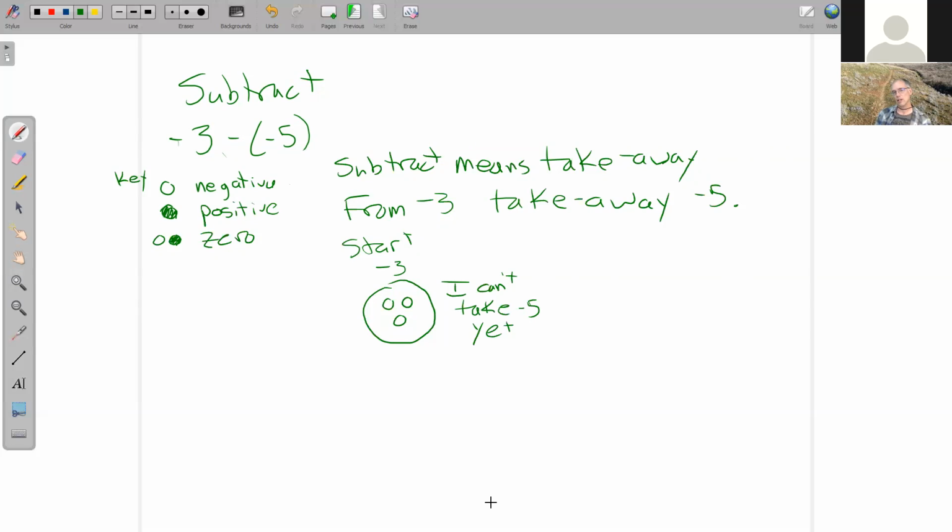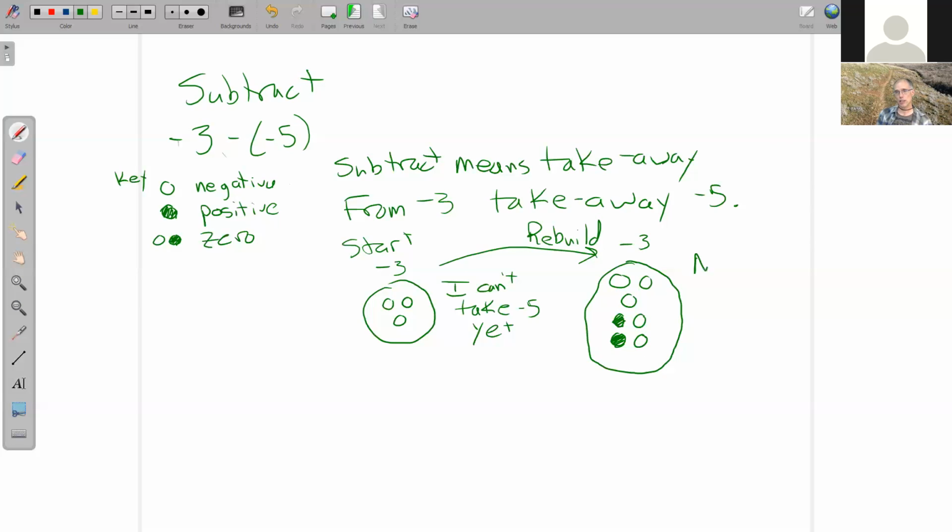I'm just going to put a little yet there, because I could rebuild -3 with some zeros. So I could draw -3 this way. This still has a net value of -3. So I have my -3 there, but these 2 are just zeros hanging out.